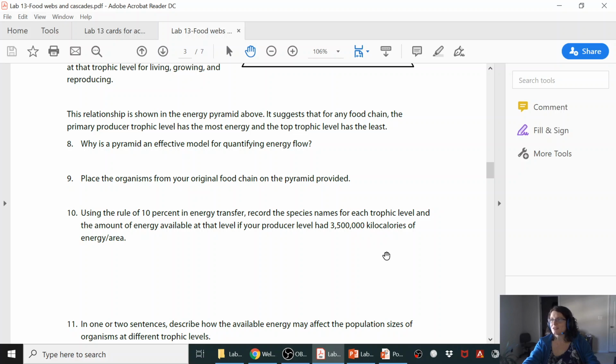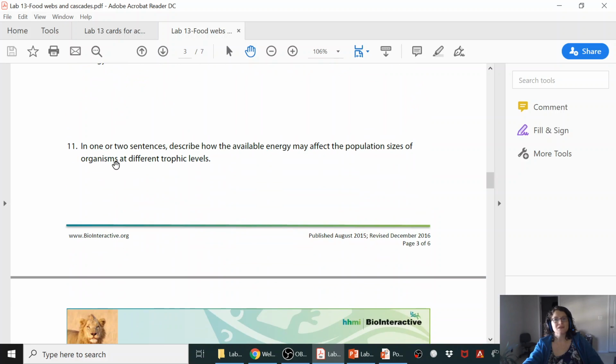Well, how many kilocalories can be available to each group, okay? So producer level had 3,500 kilocalories of energy per area. That's the level that occurs at the bottom, okay? And then from there, how many is going to be up to each one? Think about what you would need to do that, okay? So track it up for your trophic level, okay?